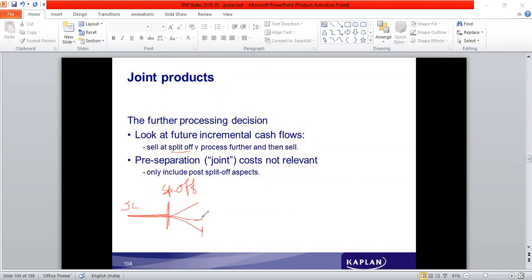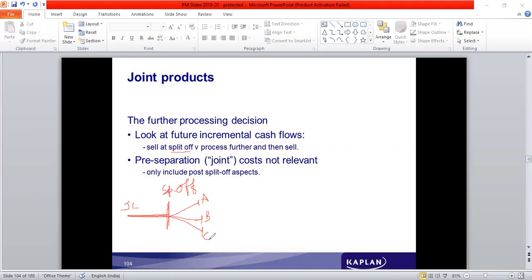After further processing, they would be sold. Let's say three products are there: A, B, and C. So they would be processed further and will be sold finally.